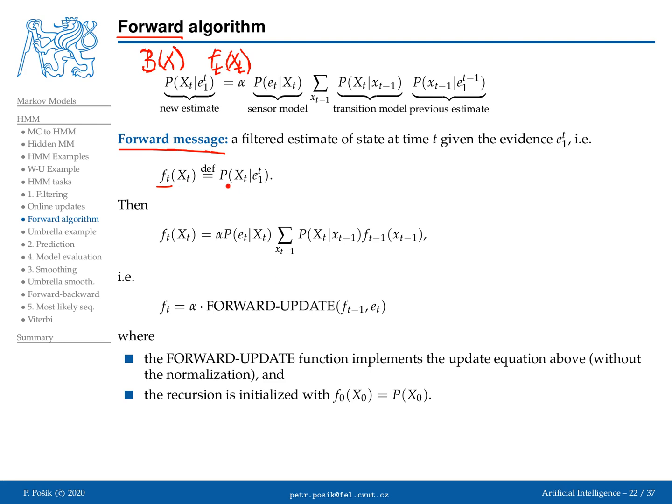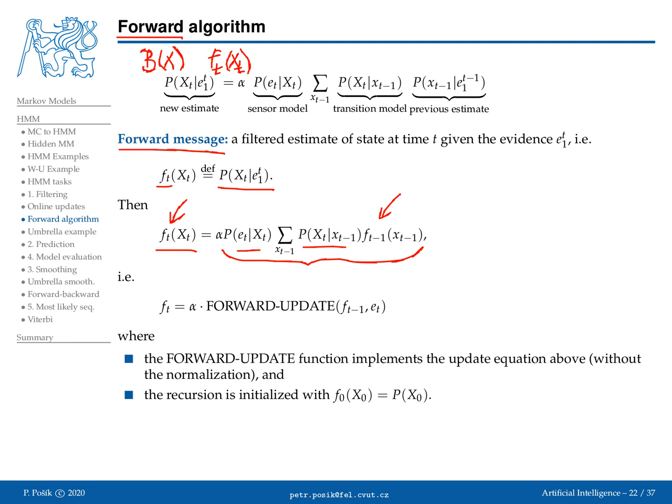So the forward message is defined again as this probability that we are trying to model. It is computed as this, which we already know. This is the forward message from time t minus 1, and you compute the forward message for time t using the transition and emission models.